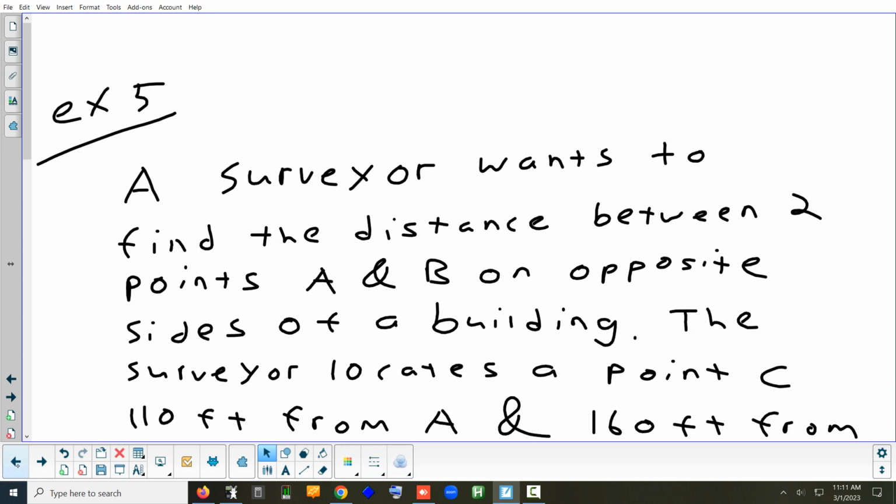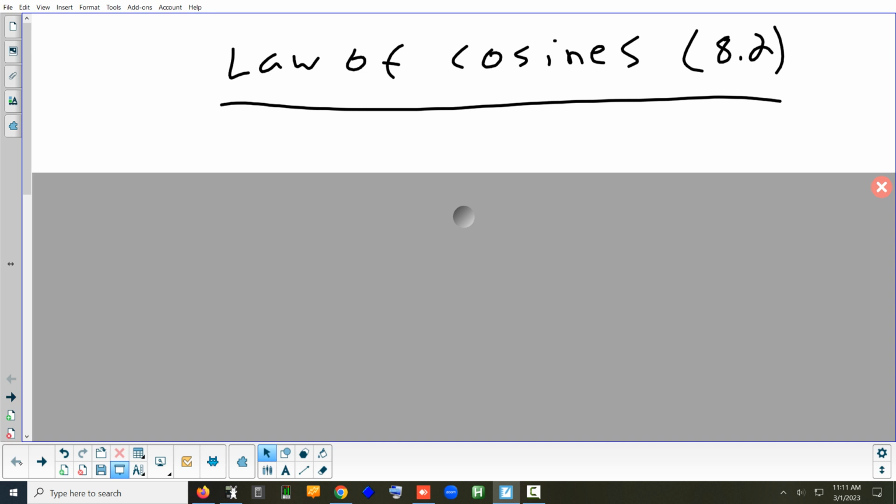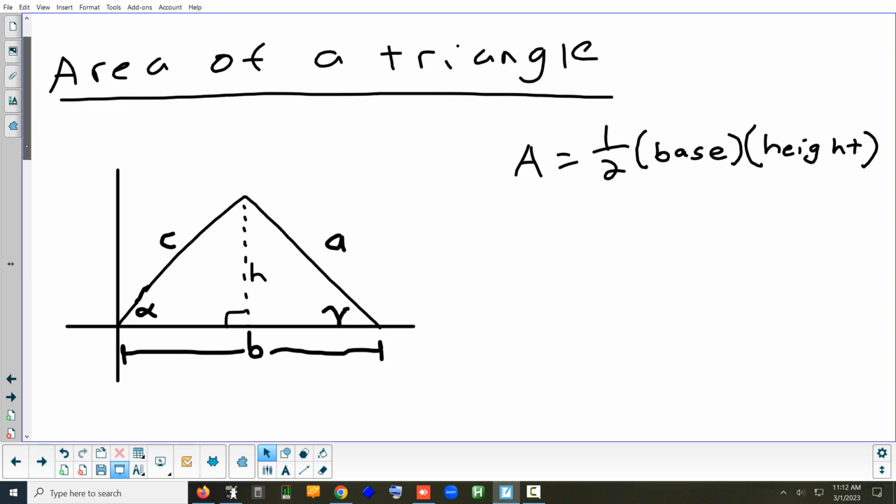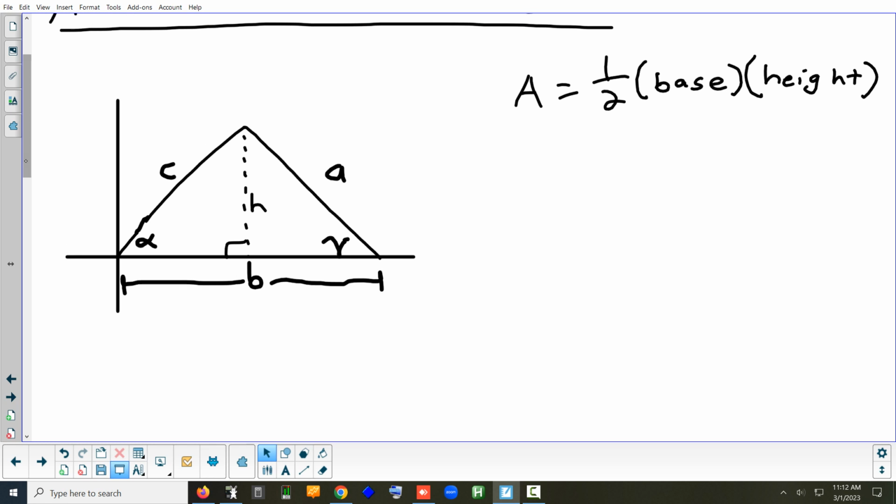One of them is based off of the law of cosines. That's how it connects with this section. The other one is not. But since they're both about area of a triangle and one of them connects to this formula, usually you do both of them at the same time. All right, let's take a look at this diagram.